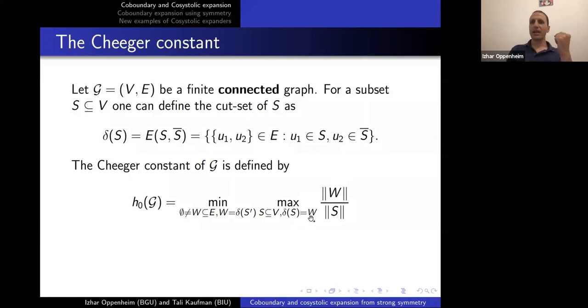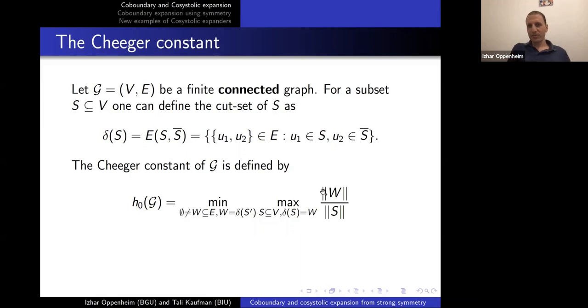Note that if I have a set S and its complement, they have the same cut set. And if I demand that the graph is connected, that's basically the only possibility. If you have S and another set S prime, which is not S and not its complement, and the graph is connected, then they won't have the same cut.